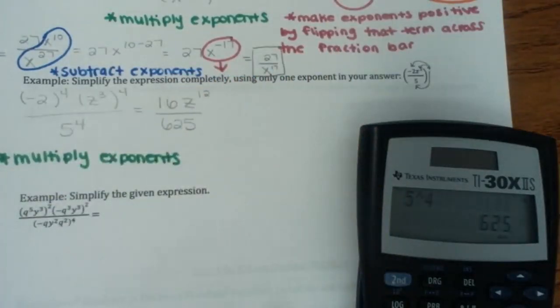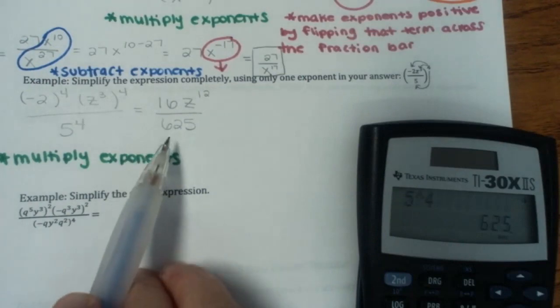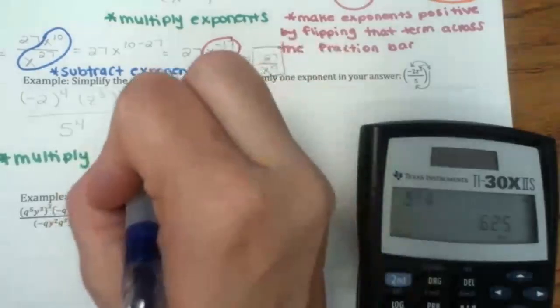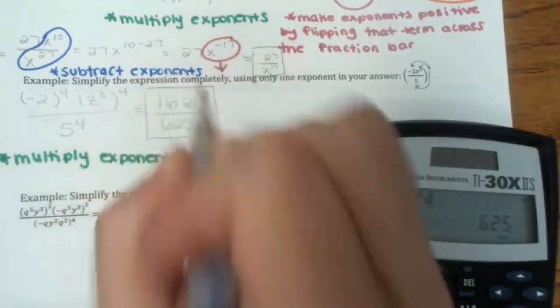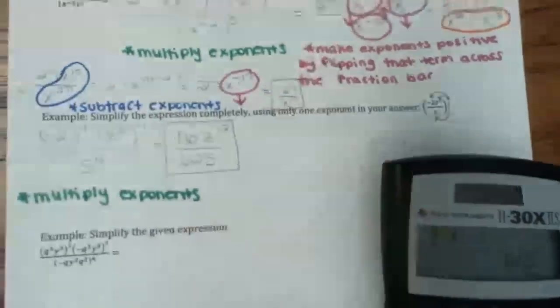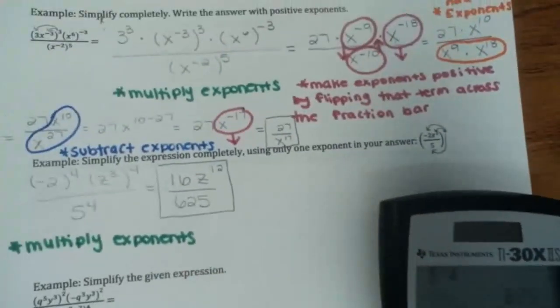You always want to simplify your fractions, but there's nothing that 16 and 625 have in common. Our exponents are positive. There's only one exponent, so we're good to go. Our final answer is 16z to the 12th divided by 625. That one seems like nothing compared to this last one. That was a doozy.